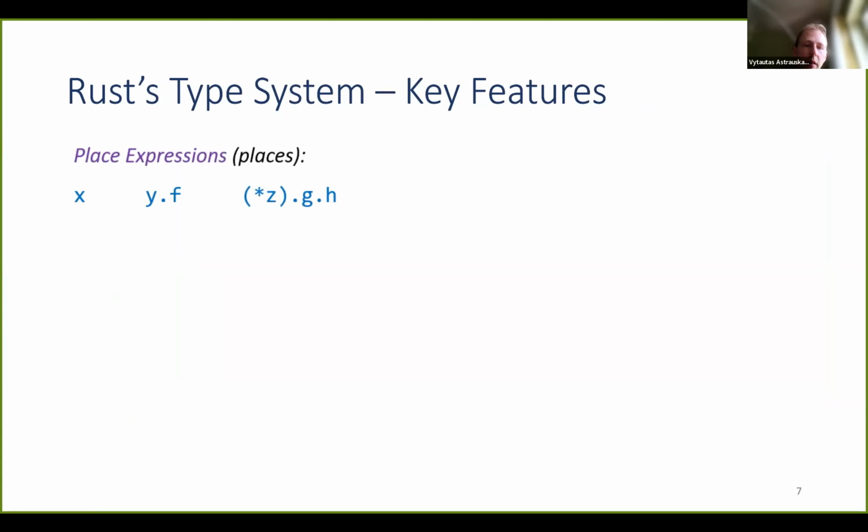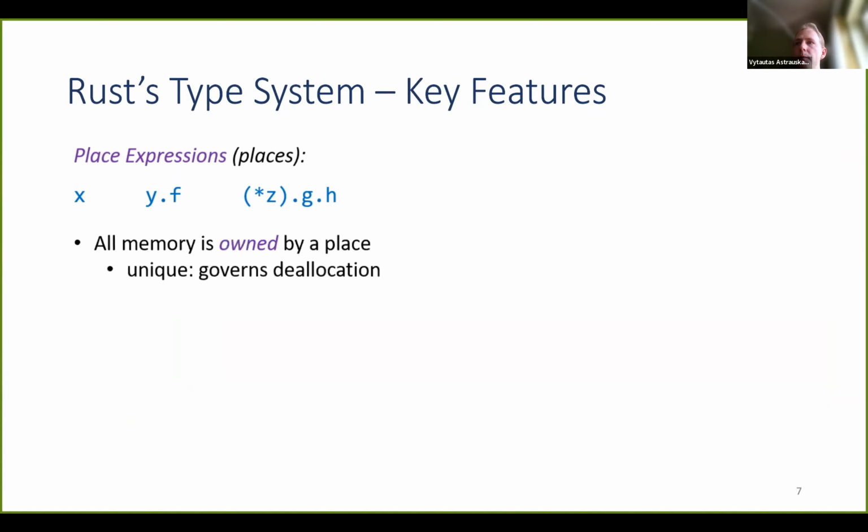So what are the key features of the Rust type system? An important concept in the Rust type system is place expressions. For those of you with a C or C++ background, they roughly correspond to lvalues in these languages.